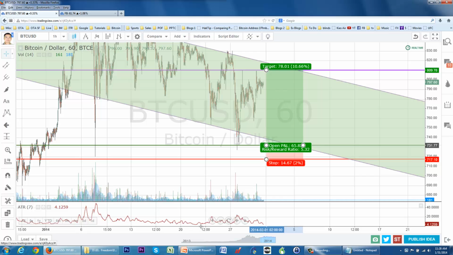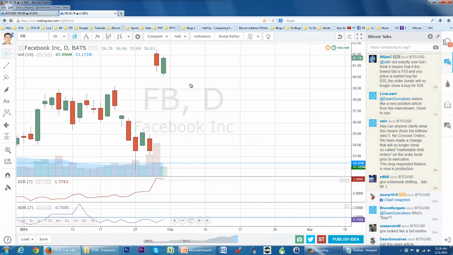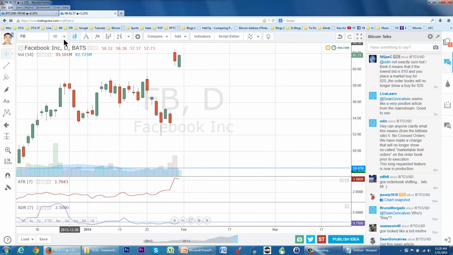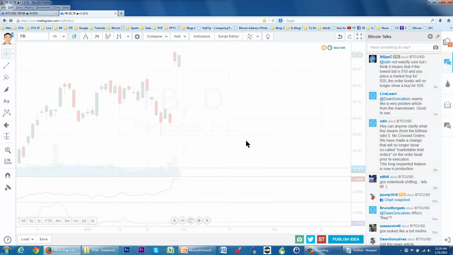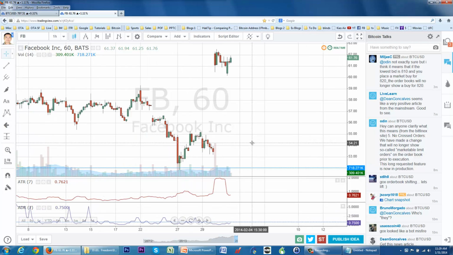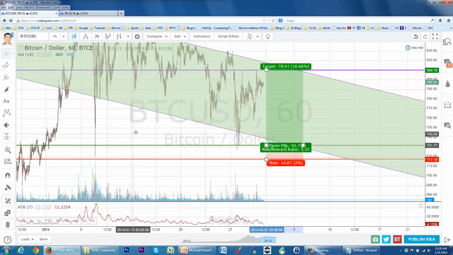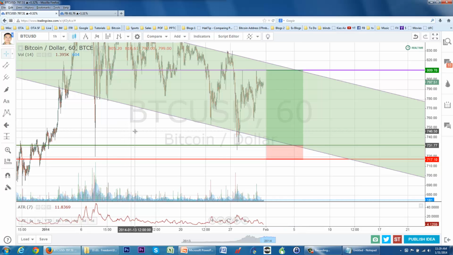If I was to go back to Facebook, and I was setting my stop losses on an intraday 1 hour, then I would want to do it so that the stop is just slightly greater than the ATR of 76 cents. Now, the percentage stop loss or the size of your stop loss will vary among each trader.